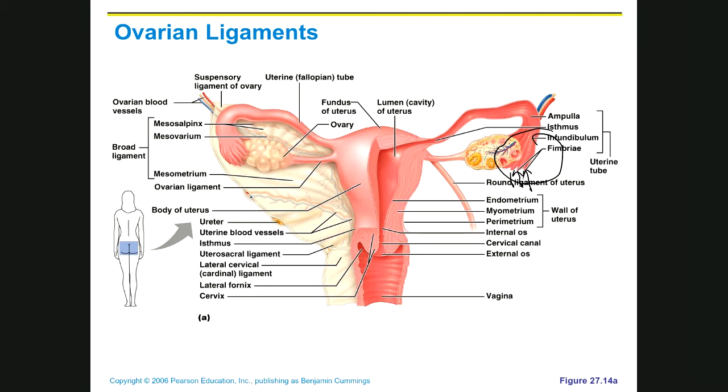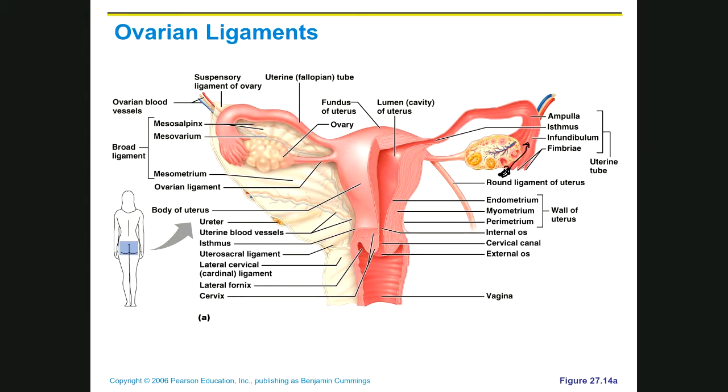Those little finger-like projections become important when ovulation happens. Because in the female, these two are not connected to each other. You'd think it would be connected because this egg, this oocyte, is supposed to go in there. But they're not connected, which means that ovulation happens out here somewhere. And so we have to draw it in there.